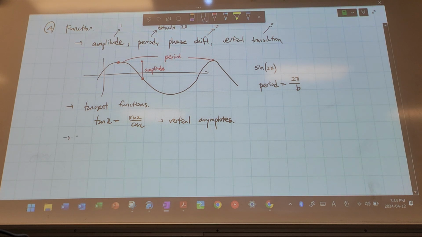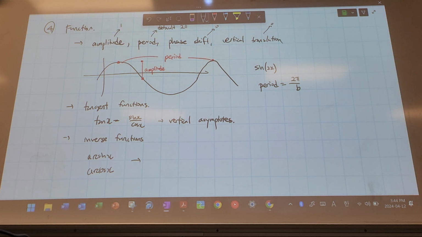We also have the idea of inverse functions, such as the arc sine of x and the arc cos of x. The problem with arc sine and arc cos is that sine of x and cosine of x themselves are not invertible because they don't pass the horizontal line test.